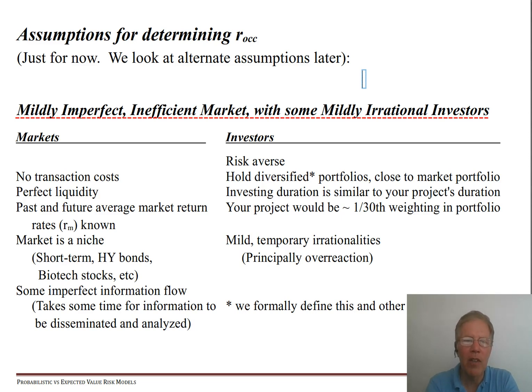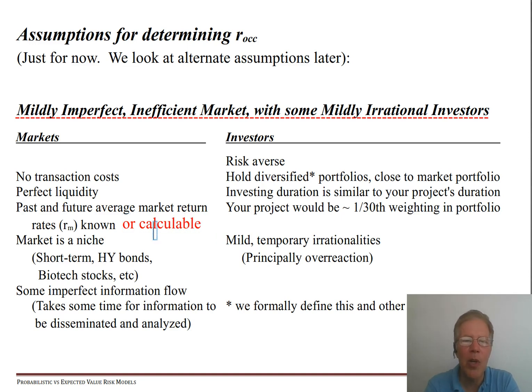But that said, we're assuming here no transaction costs, perfect liquidity, so we can get in and out of investments anytime. We know that's not true in many real estate projects. And our rates are largely known or calculable, let's say, calculable, good enough.